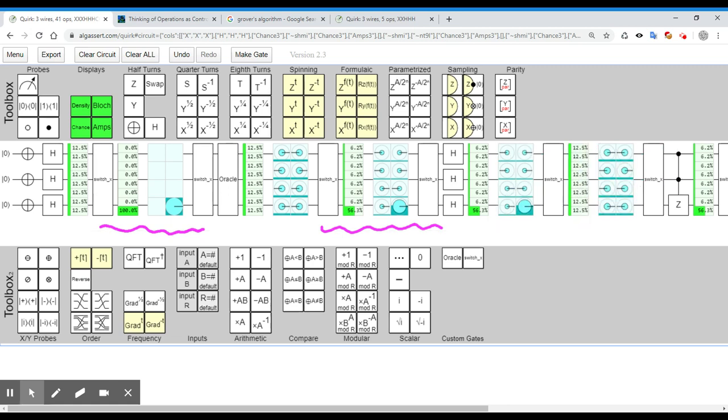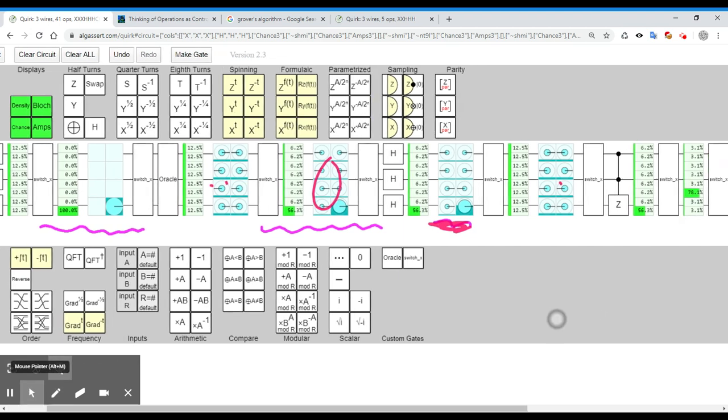So basically, these things have flipped, right? Yeah, this one, sorry, this one is kind of this one, right? And this one is this one. Yeah. And now we're applying the Z. That's where it gets interesting.